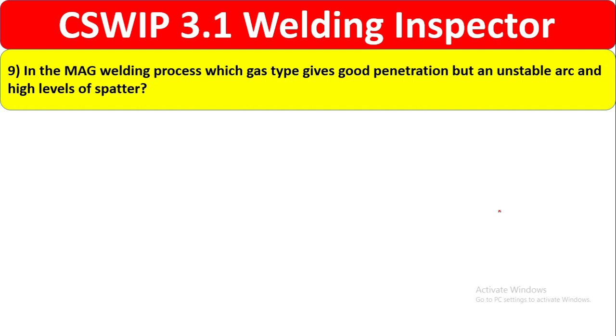Question 9. In the MAG welding process, metal active gas welding process, which gas type gives good penetration but an unstable arc and high level of spatter?